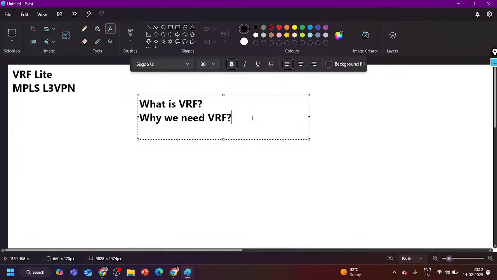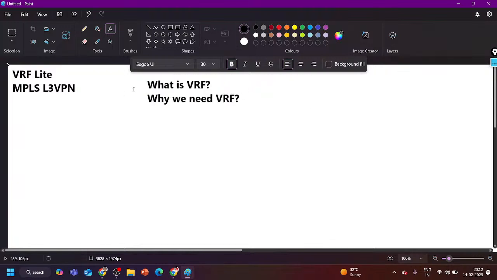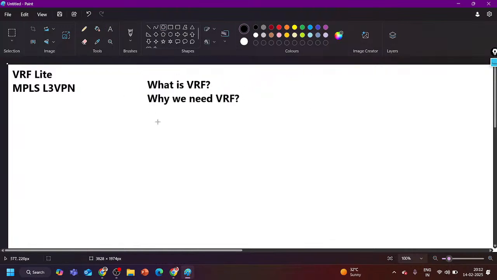Basically we use VRF when, in the provider edge router, there are multiple customers, and the customers are using private IPs. So the router needs to understand which prefix we are getting from which customer. For that reason we need VRF, and we divide the routing table into multiple routing tables on the basis of RT and RD value.